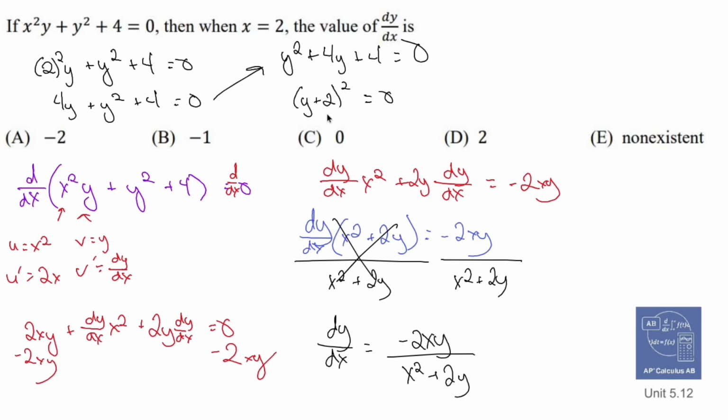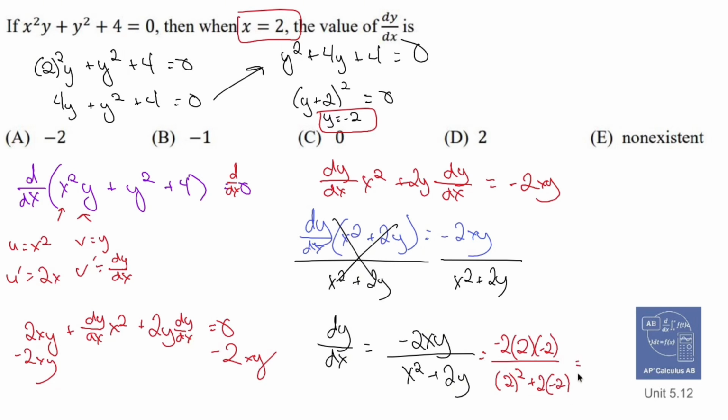According to the zero product property, y is going to equal negative 2. So my x is regular 2. My y is negative 2. Now we can plug stuff in. Negative 2 times x, which is 2, times y, which is negative 2, all over x squared, which is going to be 2 squared, plus 2 times negative 2.